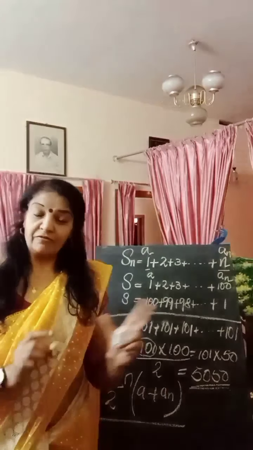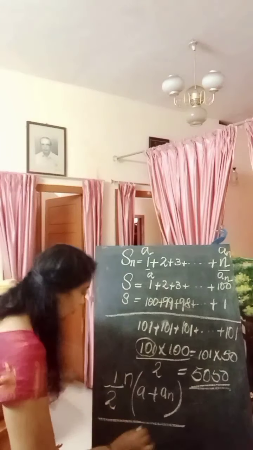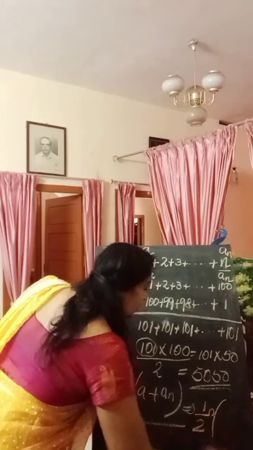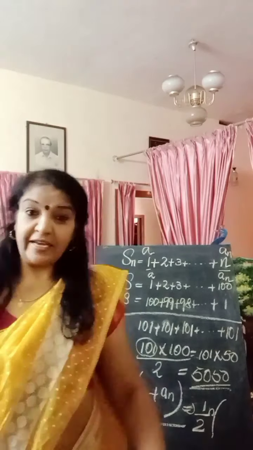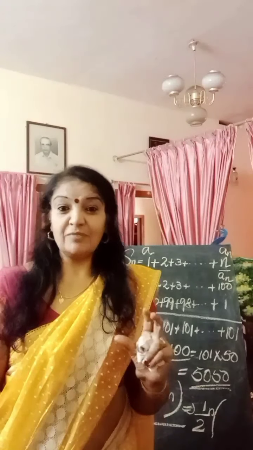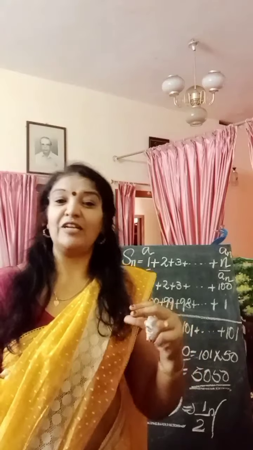If the last term is not known, we can use the same formula: half n into, first term is a, and the last term we don't know, we have to find out. The last term we know by the formula an equals a plus (n minus 1) into d.